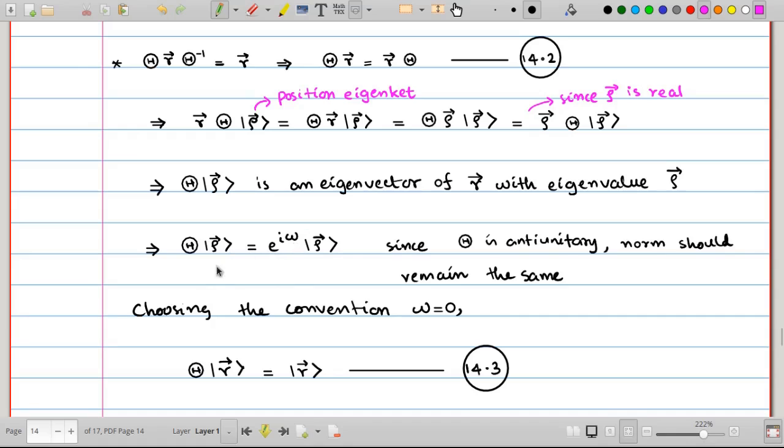So we can write theta ket rho is equal to a phase factor given by e to the power i omega multiplying the ket rho. Omega is taken to be a real number, so that the absolute value of e to the power i omega is 1.